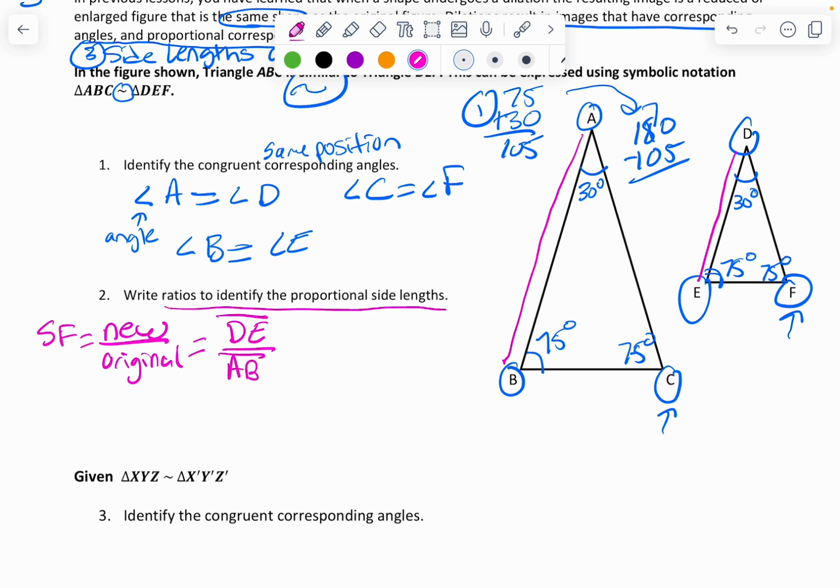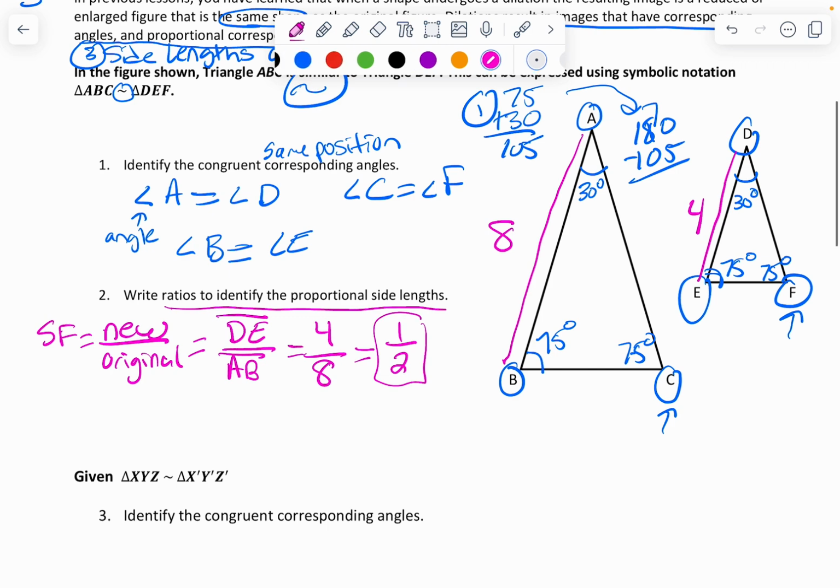In other words, if I said this was 4 and that was 8, and I needed to find my scale factor, that would be 4 over 8, and that would simplify to 1 over 2. All right, let's do another one. What side would correspond to EF? What's in the same position?